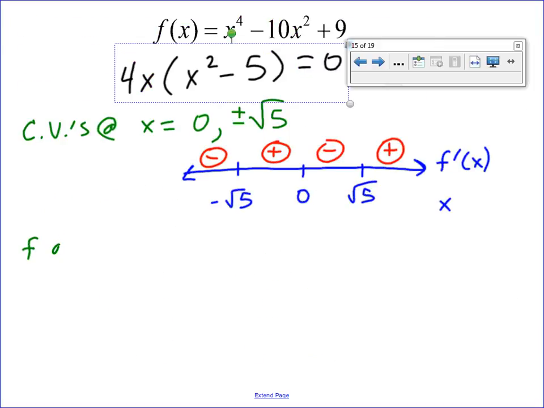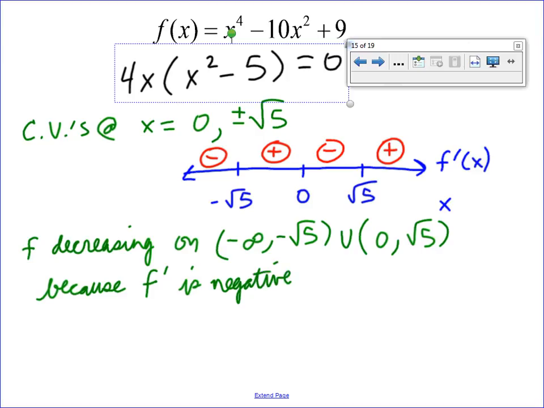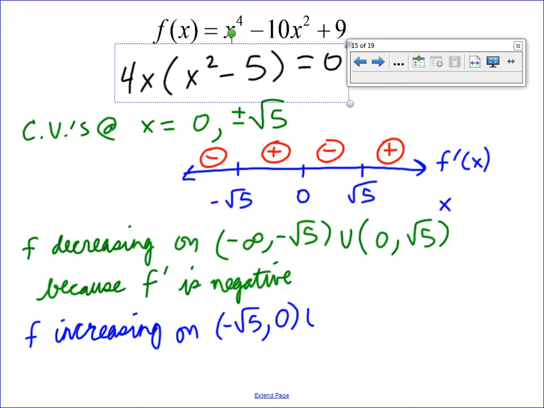So f is decreasing on negative infinity to negative root 5, union 0 to positive root 5, because f prime is negative on those intervals, and f is increasing on negative root 5 to 0, union root 5 to infinity, because f prime is positive on those intervals.